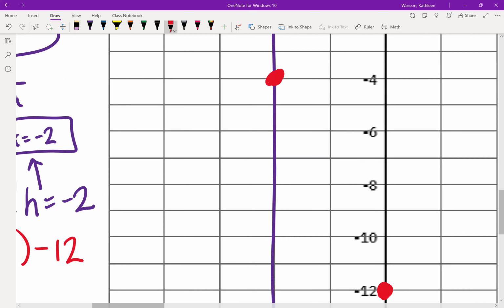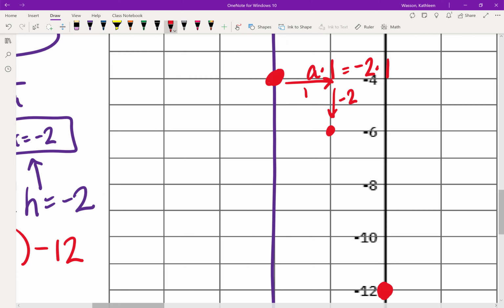From my vertex, I would go up or down a times 1. This is -2 times 1. So I'll go right 1 and down 2 to get to my next point.